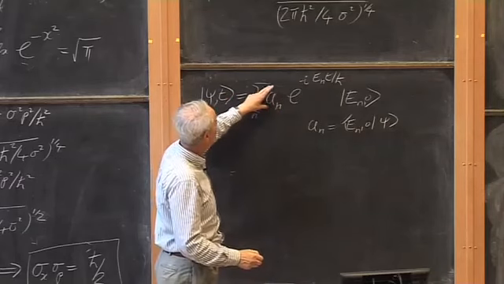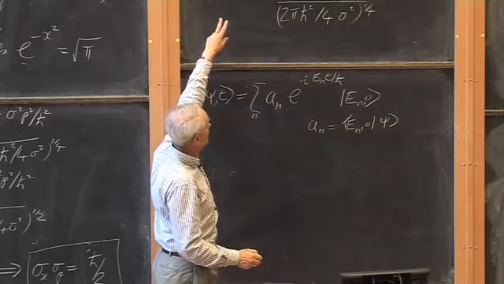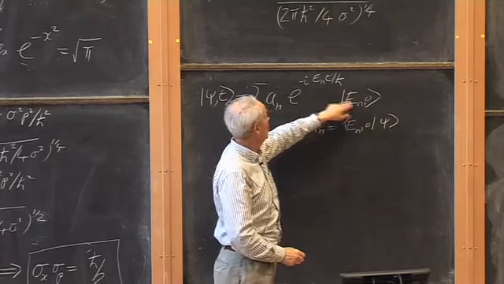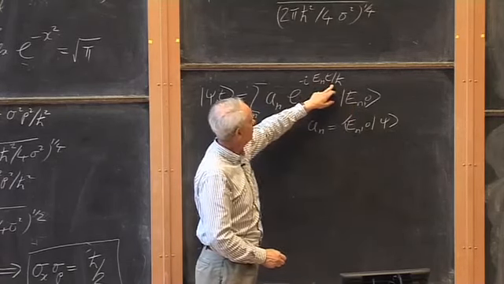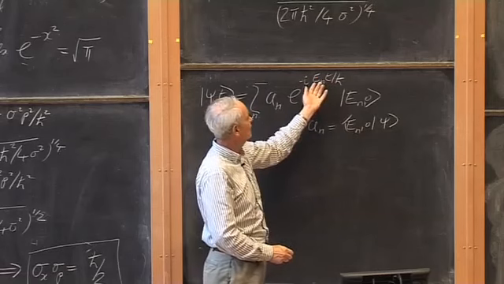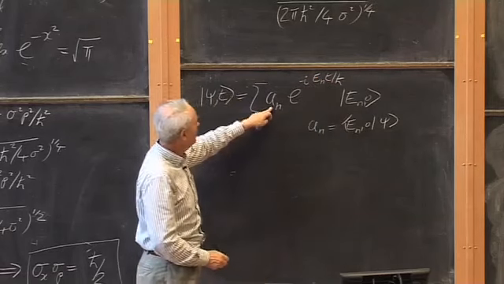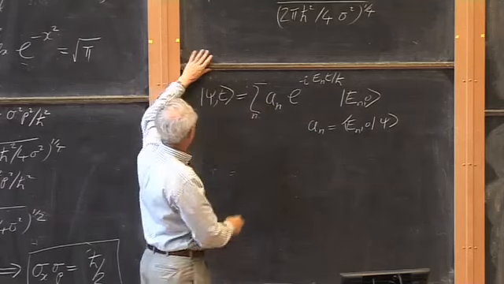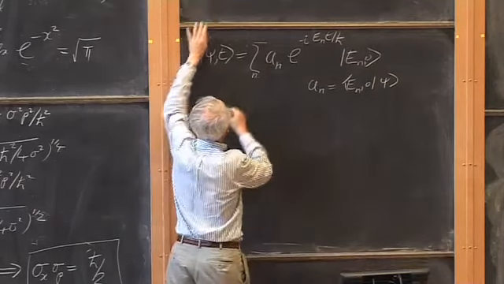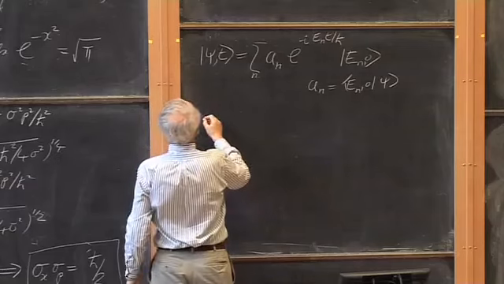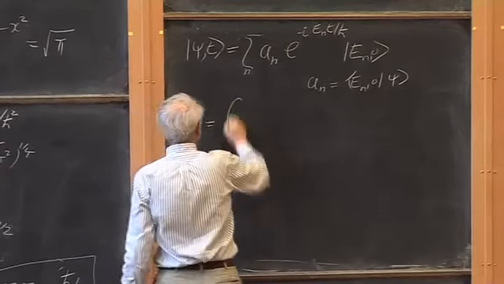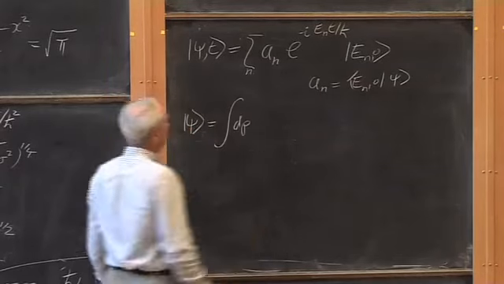So we want to use this formula in this other context here. We know what this is. This is a state of well-defined momentum. We know what this is, just some exponential with the relevant energy going in there. And this is the amplitude to have momentum p. So this, the discrete case, transforms in our case into psi equal to an integral over all possible momenta.